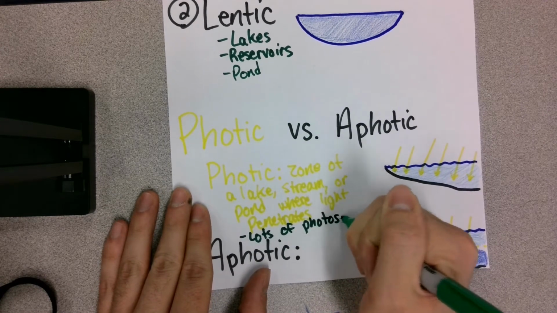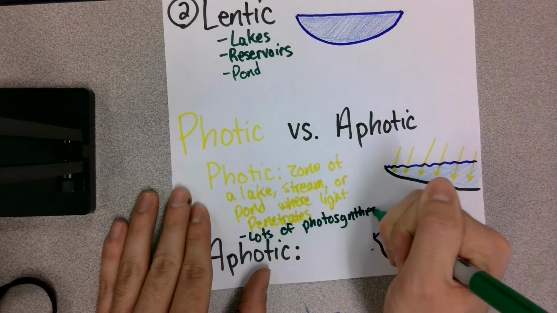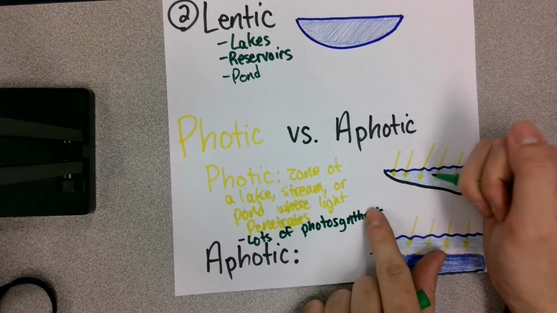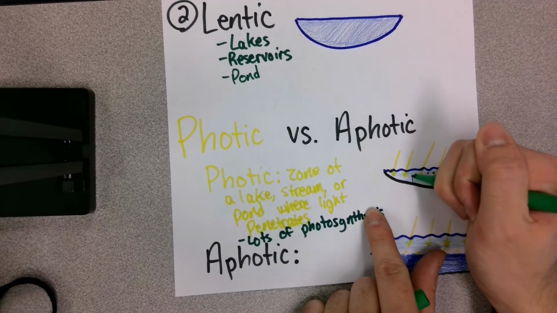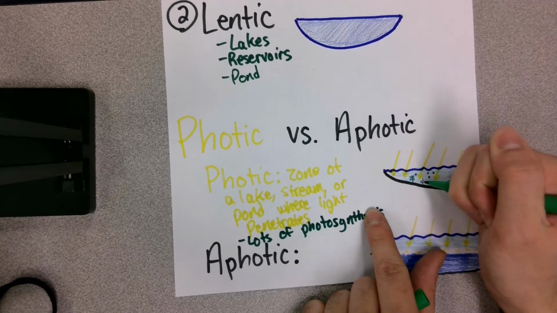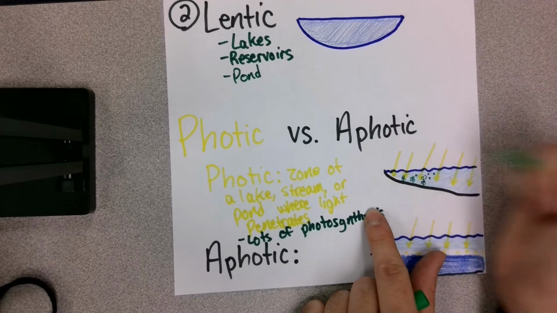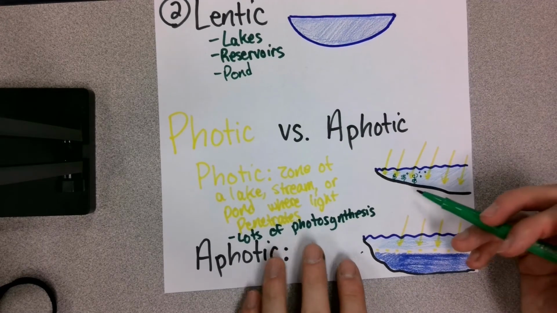So there are a lot of photosynthetic organisms living here. Maybe they're living in the water, maybe they're slightly submerged, so maybe there's some algae living in here somewhere, and maybe there are some plants growing on the bottom of this lake. Something like that. So light is getting to them, and they can grow.